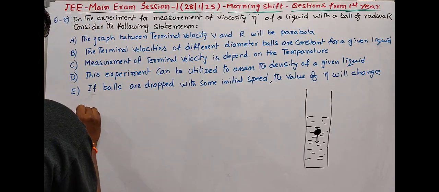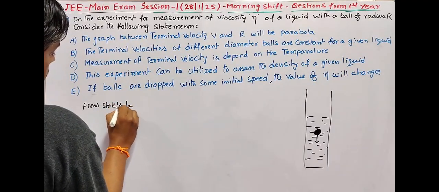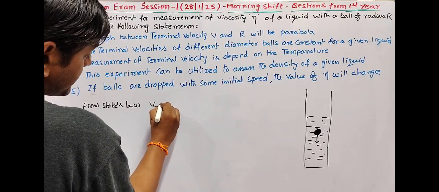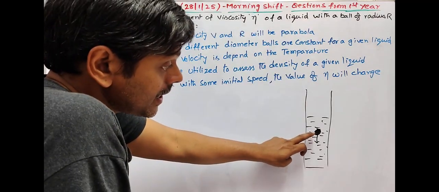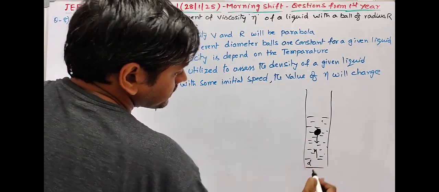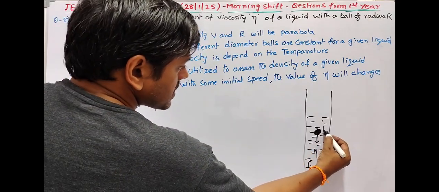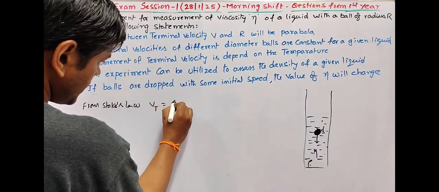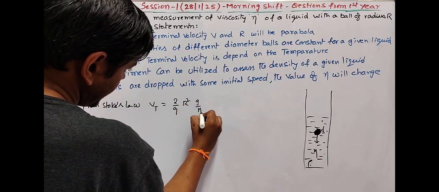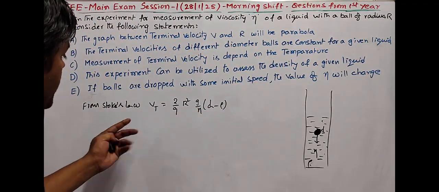From Stokes law, the terminal velocity of a ball in a liquid of coefficient of viscosity eta and density rho, where the ball density is d, is given by the equation 2 by 9 into r square into g by eta into d minus rho. This is the equation obtained by using Stokes law.